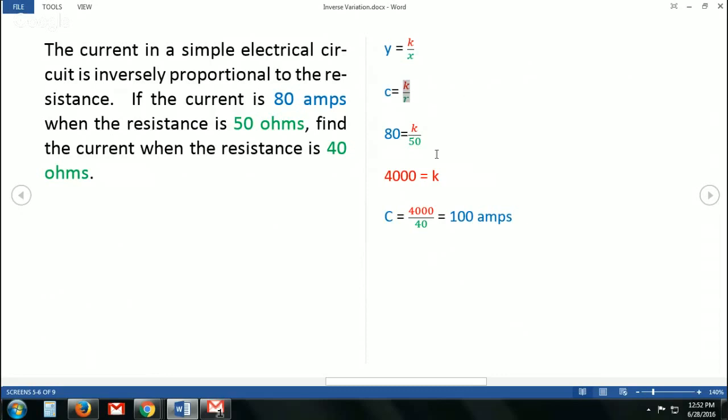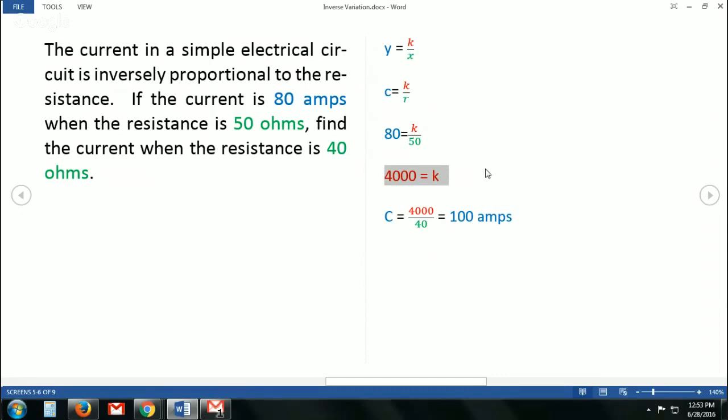Now, let's substitute the things that we've been told. 80 amps, that's our current, goes in for C. 50 ohms, that's our resistance, that goes in for R. If we solve this, multiplying both sides by 50, we find that our constant of variation is 4,000.